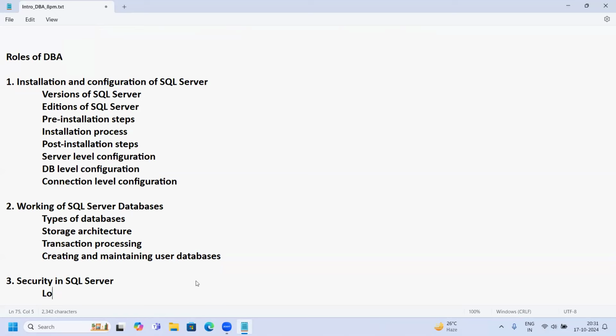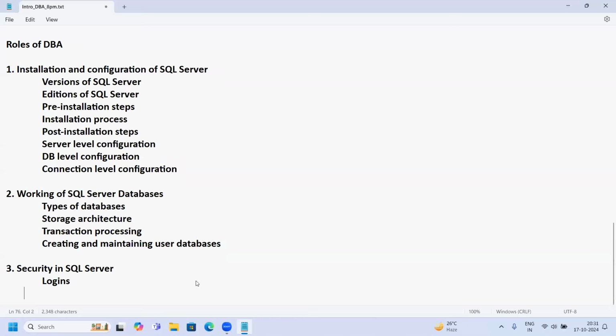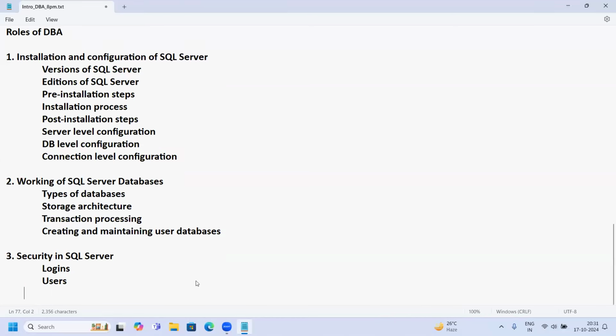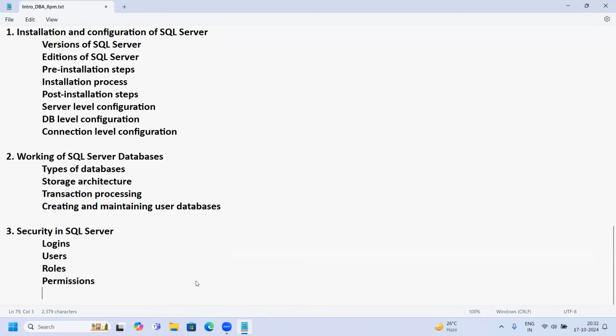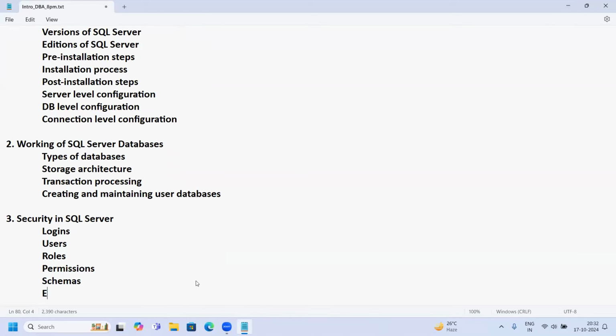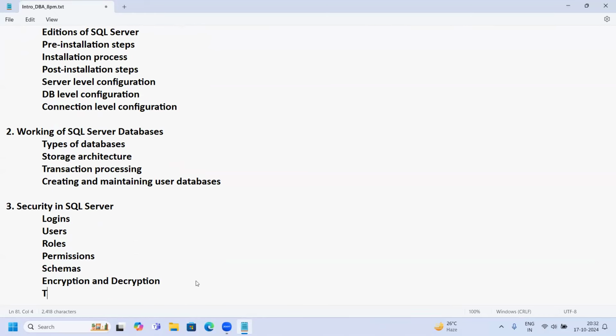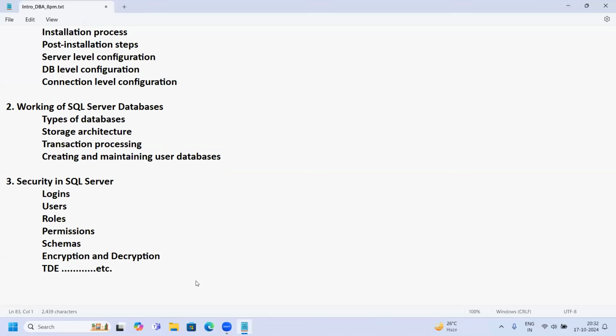And that includes all this stuff: logins, how to work with users, how you work with roles, how to work with permissions, how to work with schemas, how you work with encryption and decryption, and how to work with TDE, etc. Users, roles, permissions, schemas, encryption and decryption, TDE. These all are part of security.